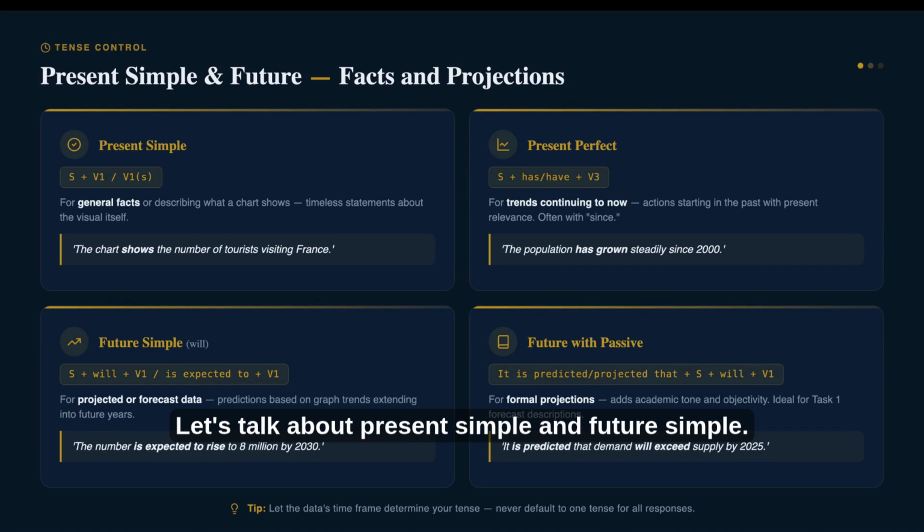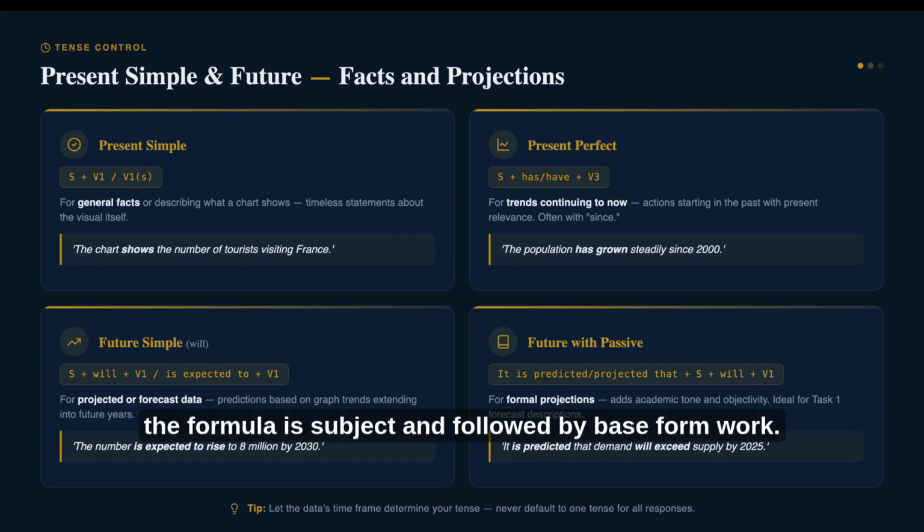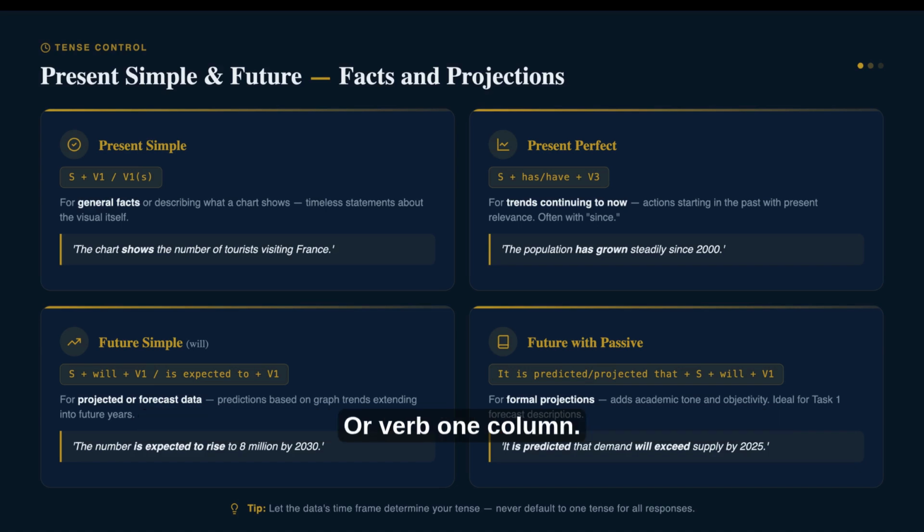Let's talk about present simple and future simple, talking about facts and projections. So, present simple, the formula is subject followed by base form verb, or verb 1 column. And of course, with the rules, verbs that finish with SH, CH, X, and O, we add ES, right?